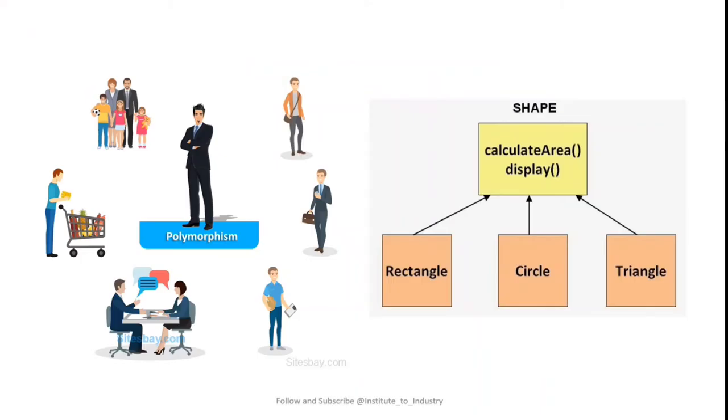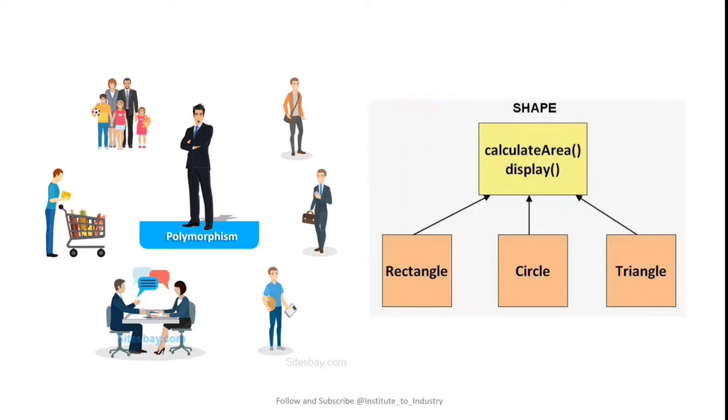And polymorphism: poly means many, and morphism means shape. So polymorphism means many shapes. One particular blueprint functionality can act differently in different ways. For example, a human is a particular blueprint, and it might have a function called work.